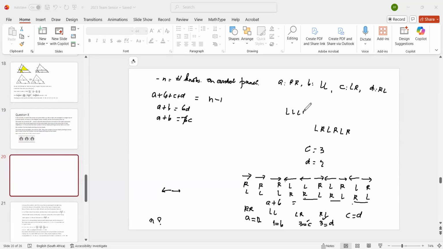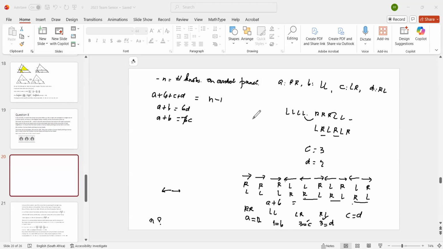You see, if you have a number of L's and then you suddenly switch to an R, then you go to L. Each time you go from L to R, the moment this pattern switches, it'll be from R to L. So it'll be like that. But there are some cases where you've got 2 RLs between one L and R. In that case, you will have 2 LRs, RLs, and 3 LRs.